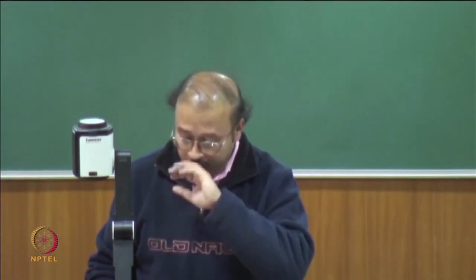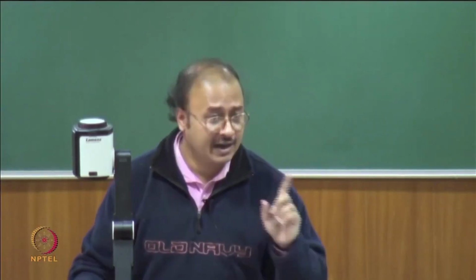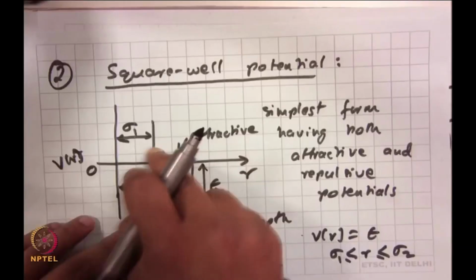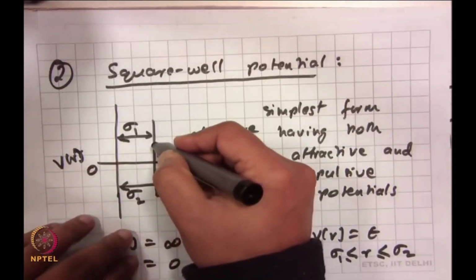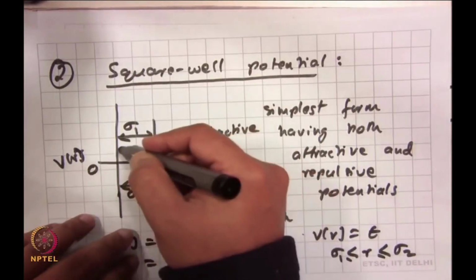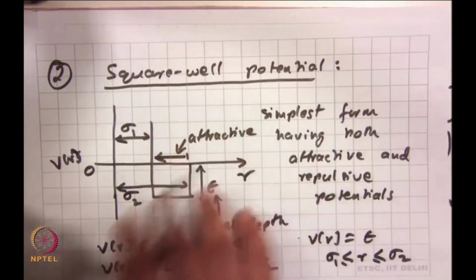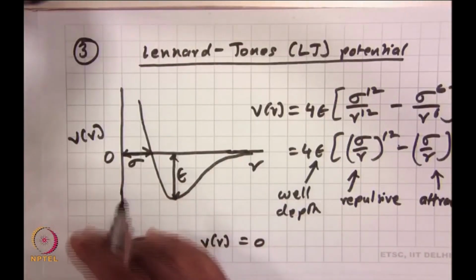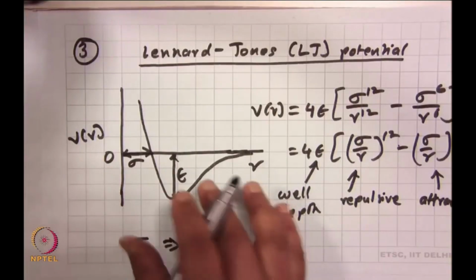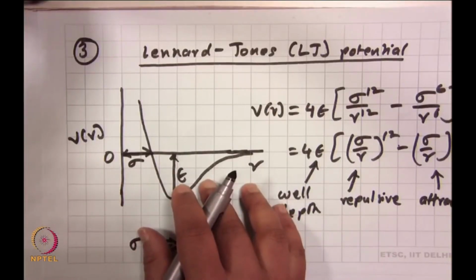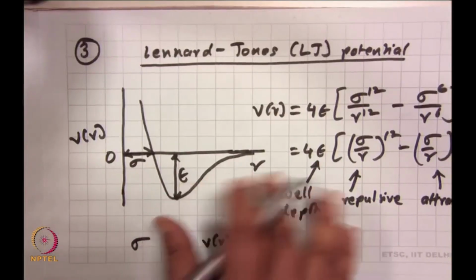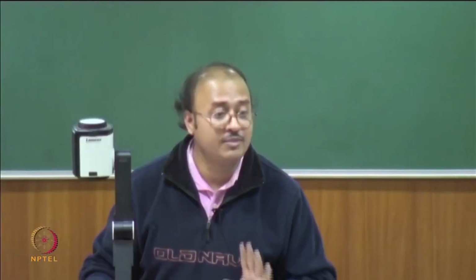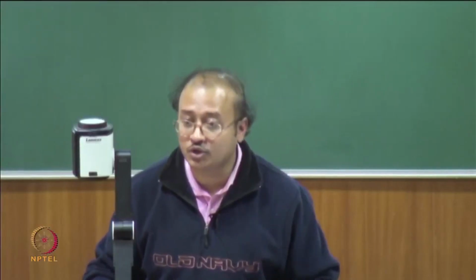The good point is that unlike the previous ones, whether it is this one or the hard sphere potential, where if r would be less than sigma, it would immediately go to infinity, this one does not, it goes to infinity, but with the dependence of 1 by r to the power 12, and this is the one which is most commonly used nowadays in many different forms, and I will tell you what form I am talking about.